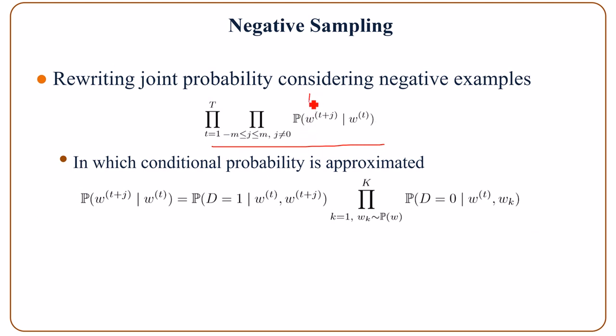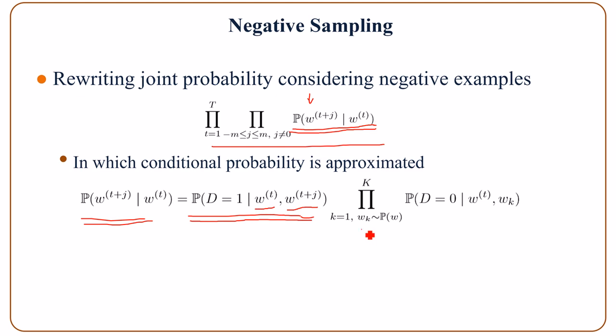Here we no longer see D equal to 1, which was just for positive examples. The probability of the context word given the central target word here could be approximated by the product of the probability for the context word to appear in the context window of the target word, which is just for the positive example.